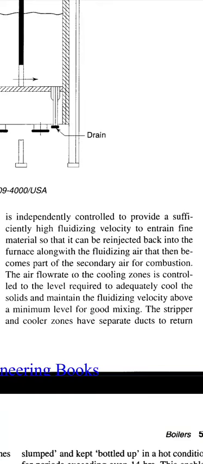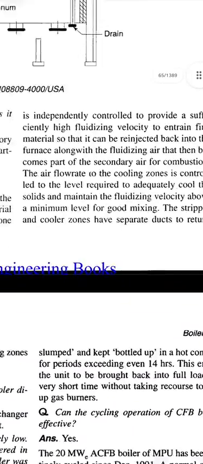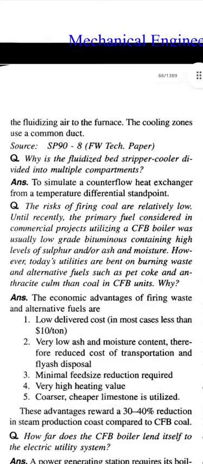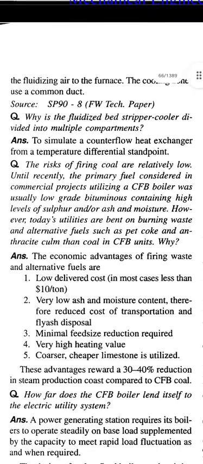The air flow rate of the cooling zone is controlled to the level required to adequately cool the solids and maintain the fluidizing velocity above a minimum level for good mixing. The stripper and cooler zones have separate ducts to return the fluidizing air to the furnace. The cooling zones use a common duct. Source: SP98, FW tech paper.